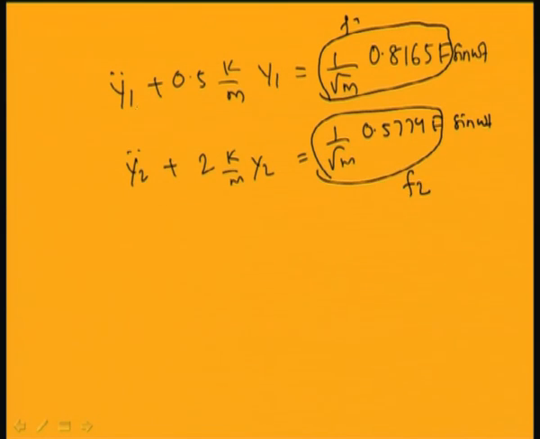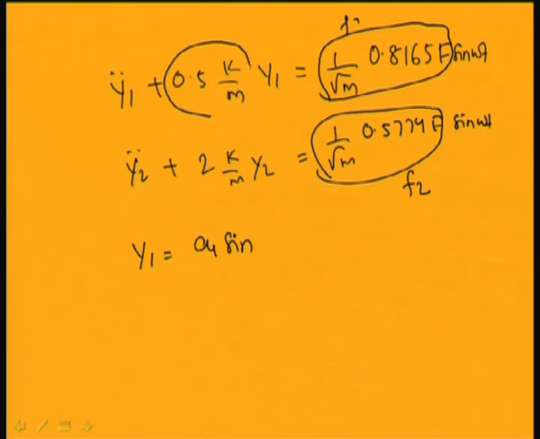So, the solution for this first equation: the complementary part becomes y1 equal to a1 sin omega n t, where omega n square is this part.